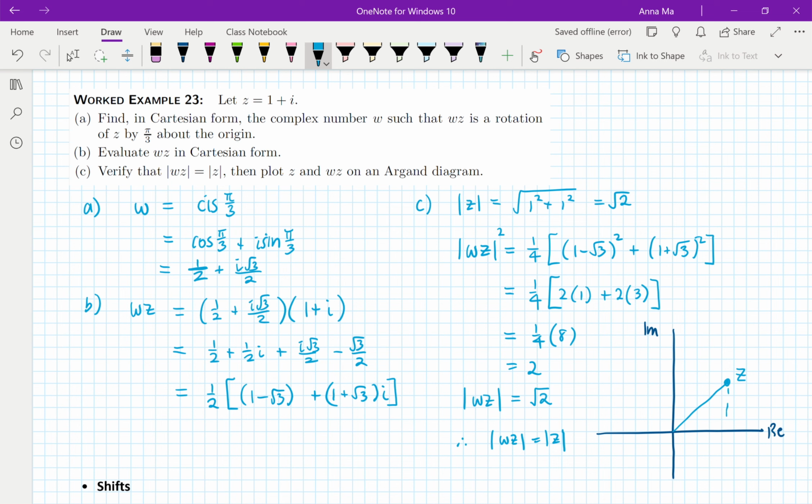This was meant to be at a 1:1 ratio because it was 1 plus i. So the angle over here must be 45 degrees, which means if we rotate it by pi on 3, it would have to go over the imaginary axis and be in the second quadrant. And I'll just indicate the angle in between. That has to be pi on 3. I think that would be good enough.